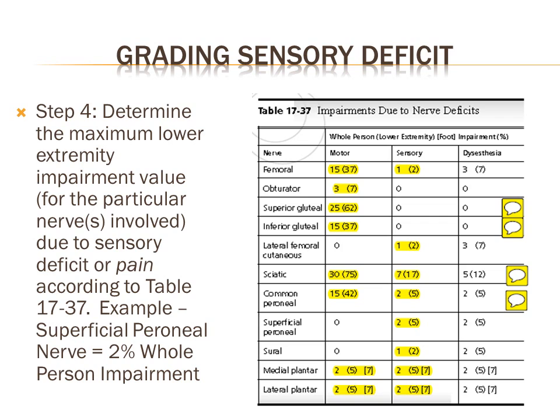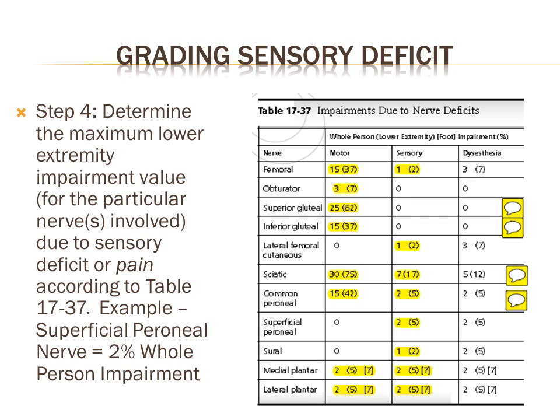And you go right down the sensory column, which is the middle column, and determine the maximum whole person extremity value. And you'll notice in Table 17-37 it already contains the whole person impairment conversion factor.